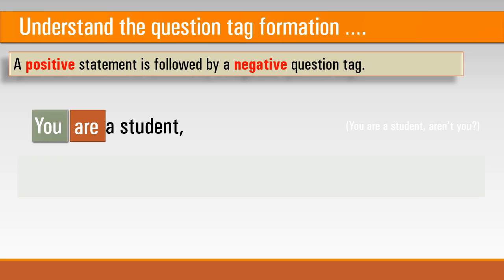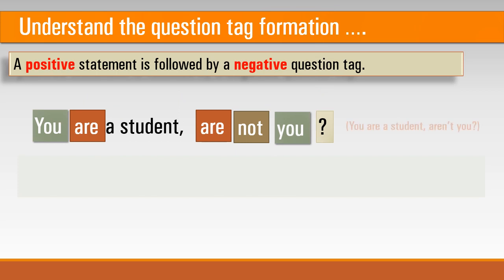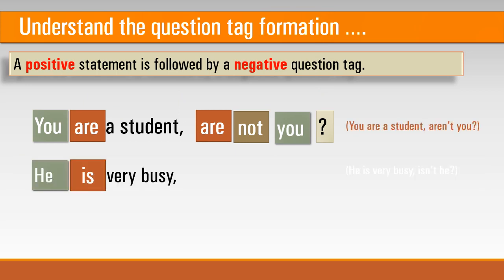Let us look at this example. You are a student. The verb should go first, then there should be a not, then the subject and a question mark. You are a student, aren't you?